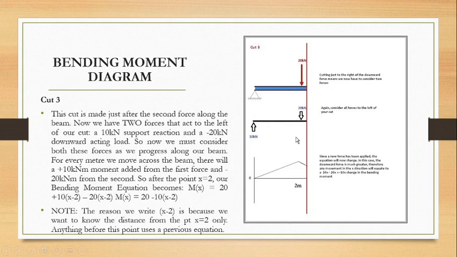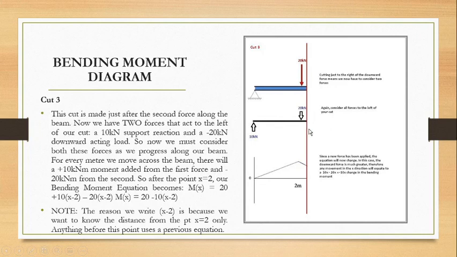So after the point x is equal to 2, our bending moment equation becomes: bending moment at point x is equal to 20, because till here we know the bending moment we calculated from our second equation, plus 10 kilonewton force into the distance.